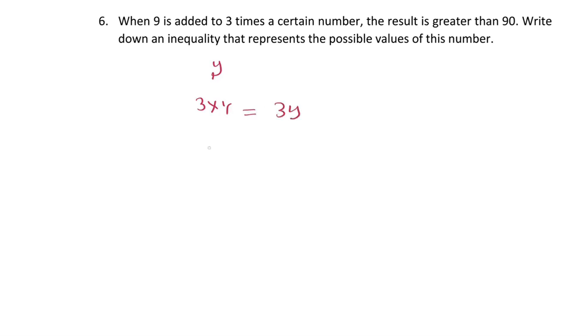Adding 9 becomes 3y plus 9. And from our question, we've been told that the result is going to be greater than 90. Then our inequality is going to be 3y plus 9 is greater than 90. And this is going to be our answer.